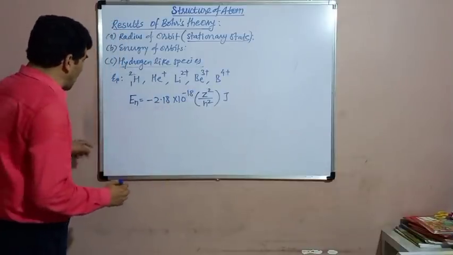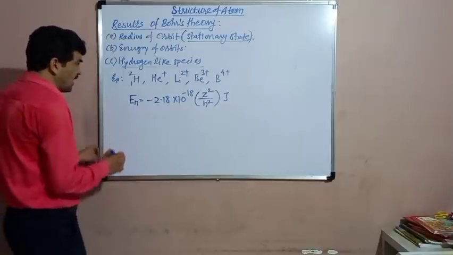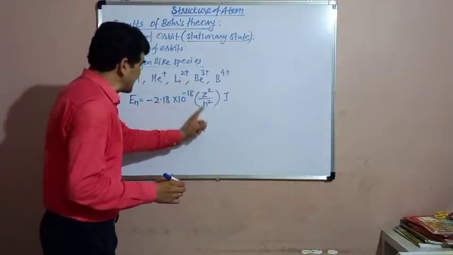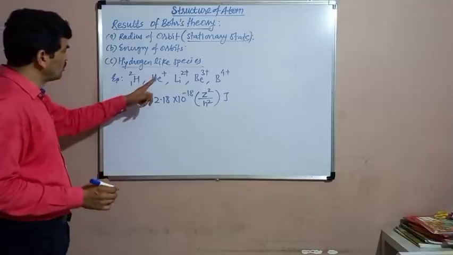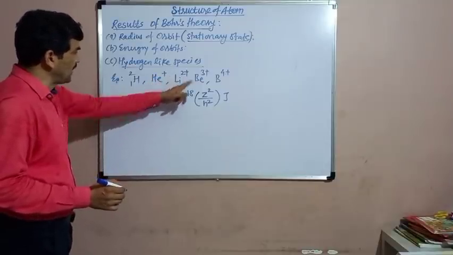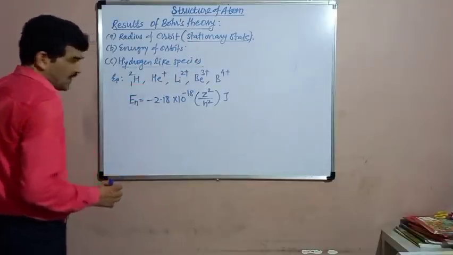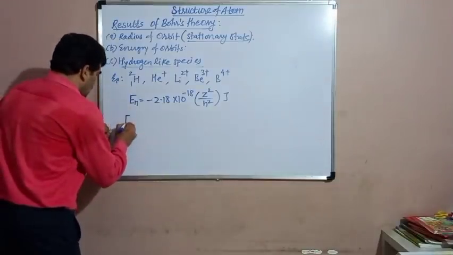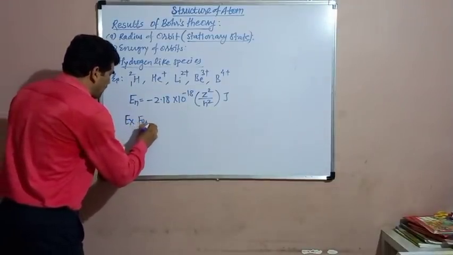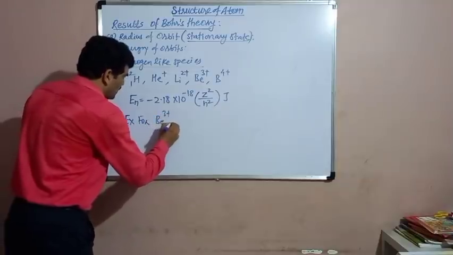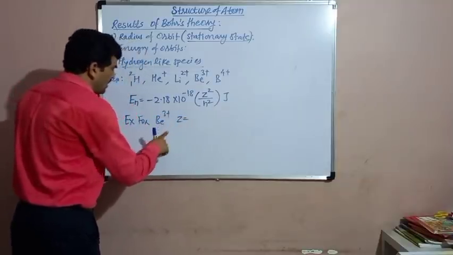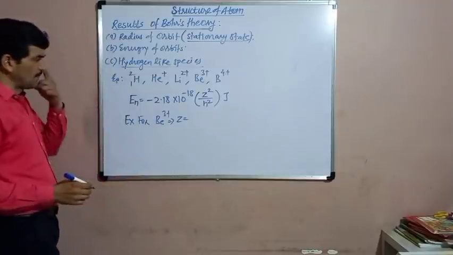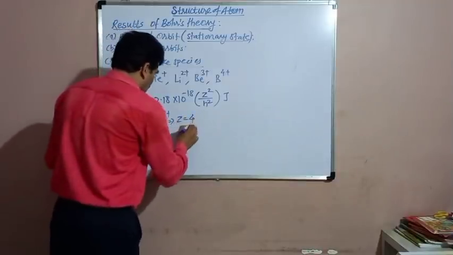If we have to calculate the energy of the second orbit of Be3+, then for Be3+, Z, that is the atomic number, is 4.